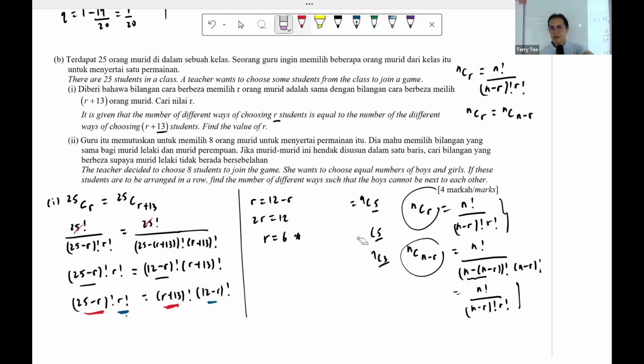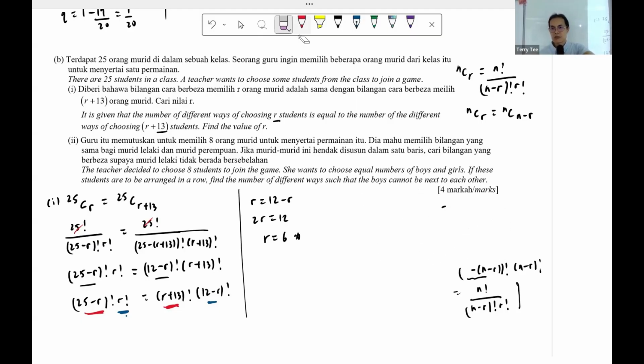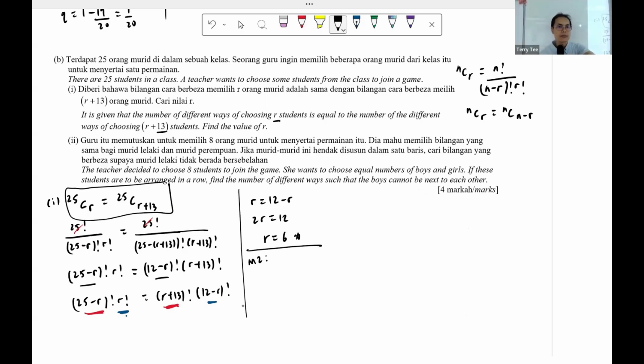So if you understand this, right, and you know this, and this type of question has been tested in SPM before, right? We know that if this is true, starting from here, I show you method 2. So if 25Cr equals 25C(r plus 13), right?